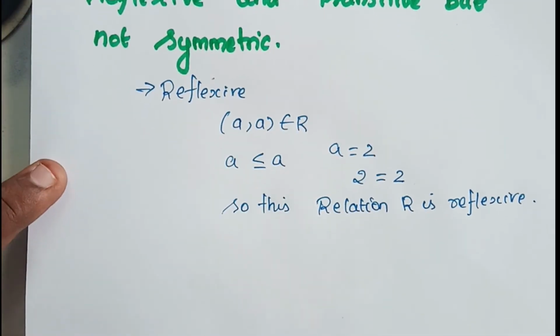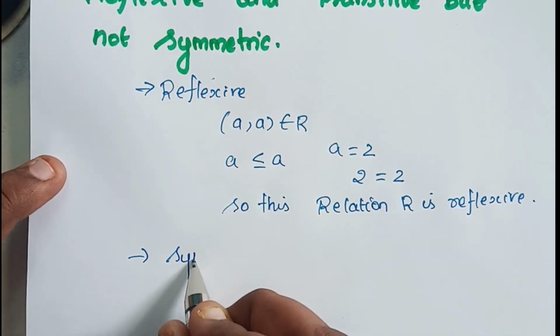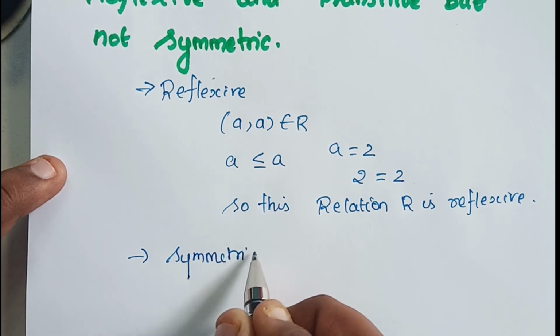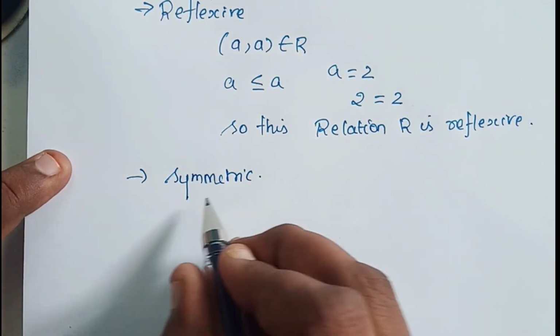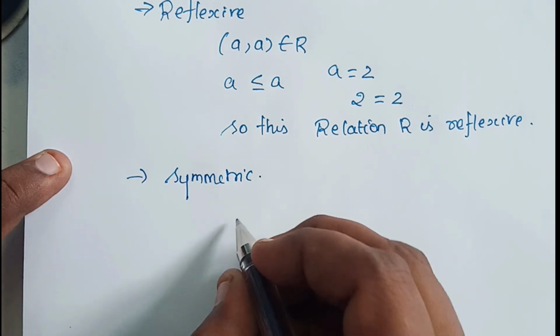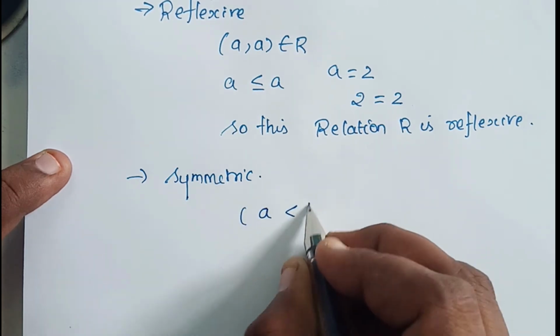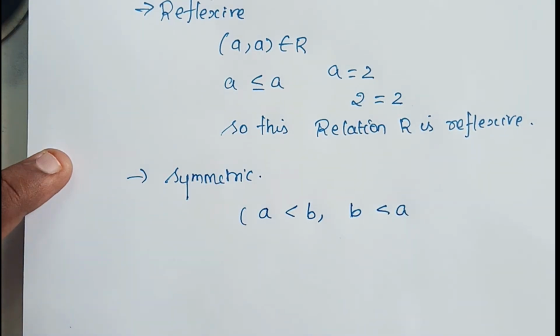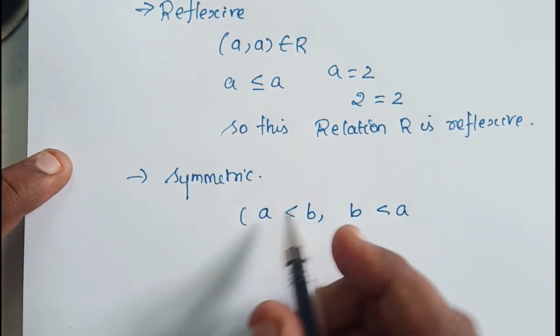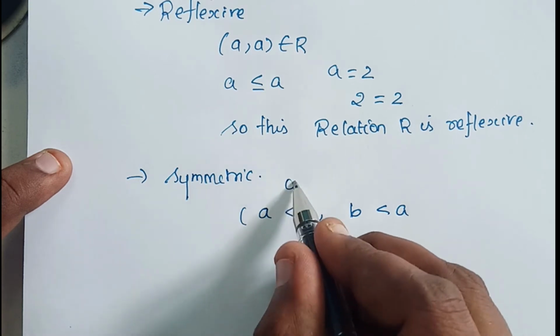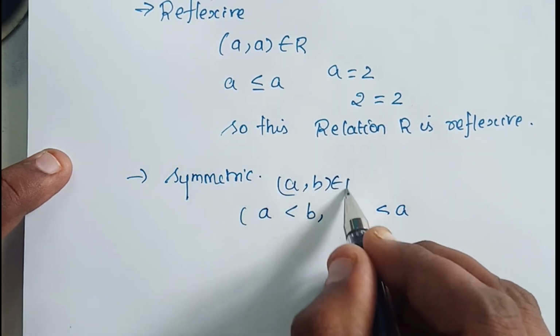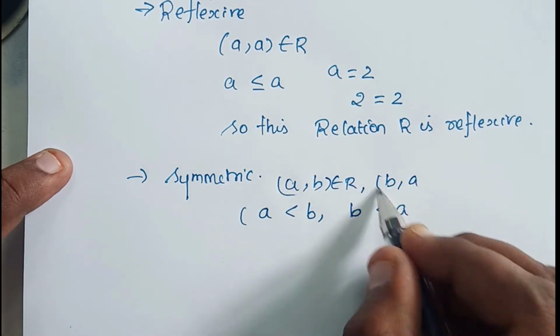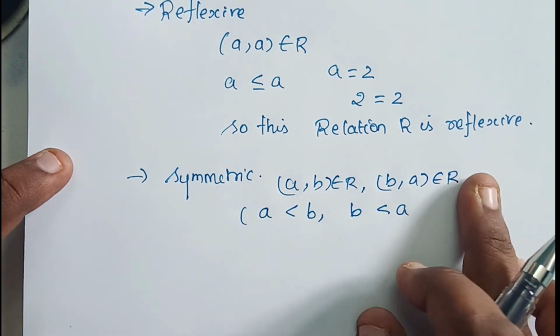Okay. Next we need to prove symmetric. First we need to write the condition for symmetric. Our basic condition is (a, b) belongs to the relation means (b, a) also belongs to the relation.